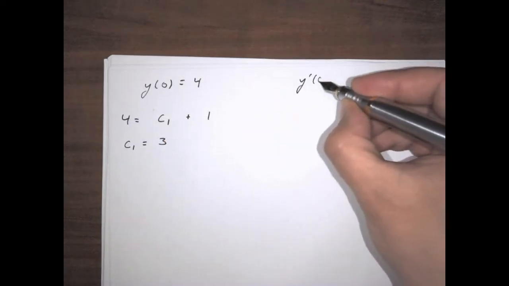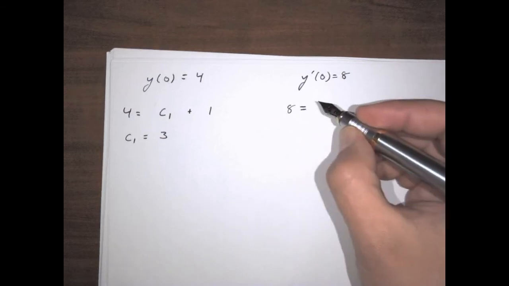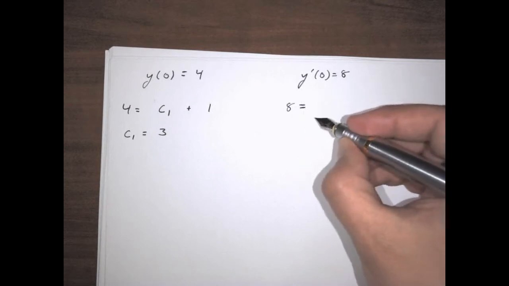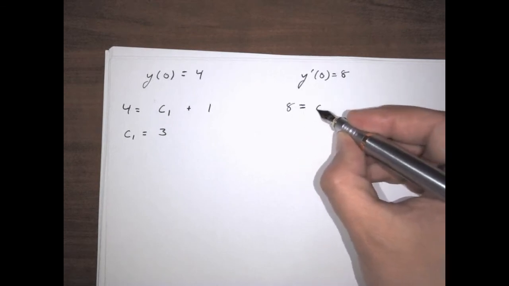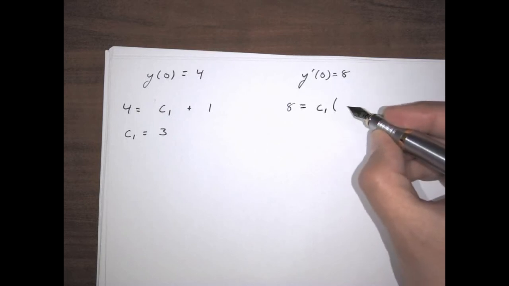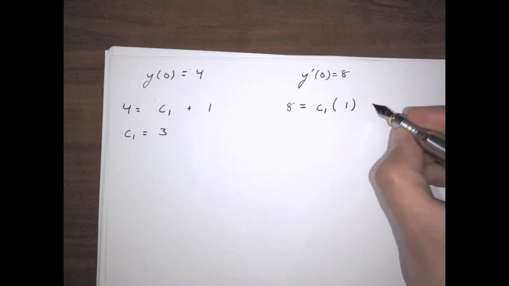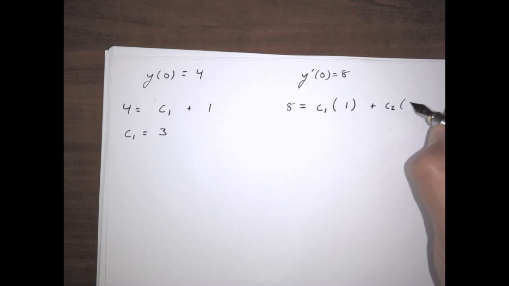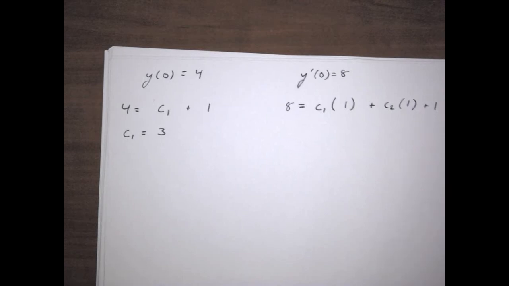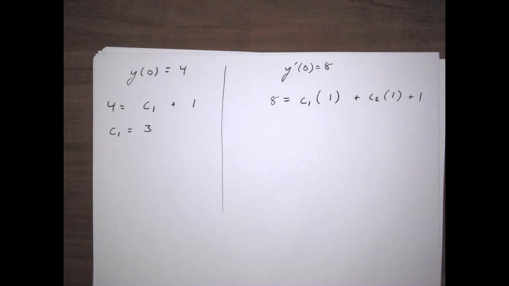Conversely, y prime of 0 equals 8. So that's going to give us 8 equals, and now plugging it into all the pieces that will not go to 0, I'll have C1 times 1, plus C2 times, again, 1, plus 1, just the second initial condition plugged into the y prime.